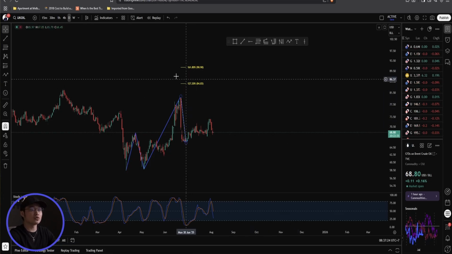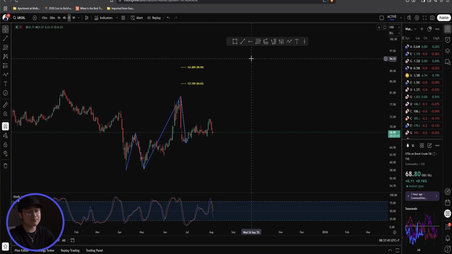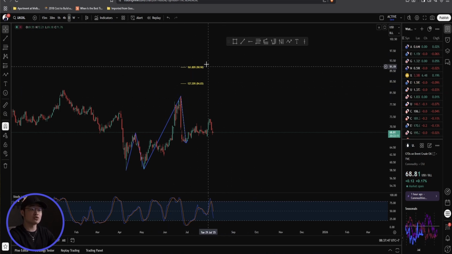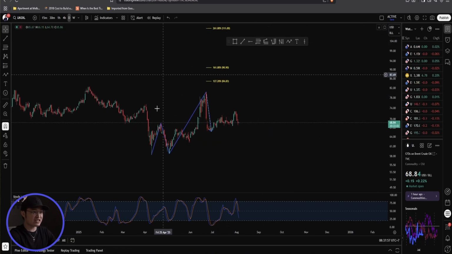This is our first target, because after the price hits this target, often the price will reject or make a false break. If the price hasn't rejected at the first target, around 1.272, then your next one is the golden ratio, which is 1.618. That's the idea of external retracement.